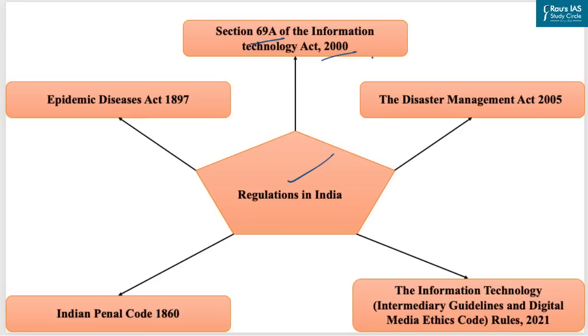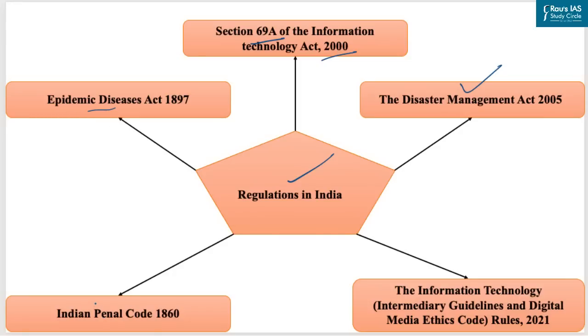This act has granted itself greater power to strike down any unpalatable content. Also, some provisions of the Disaster Management Act 2005. And if you remember, during COVID time, the government invoked the Epidemic Diseases Act 1897 to regulate fake news.